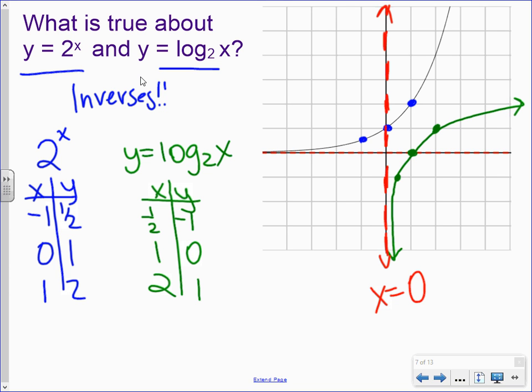Okay? So this is the table of values that I want you to use for your parent function and then transform it if need be. Okay? So let's graph another parent function first. Questions on what I drew up here in green?